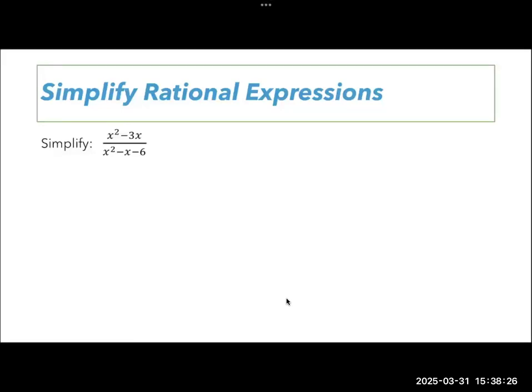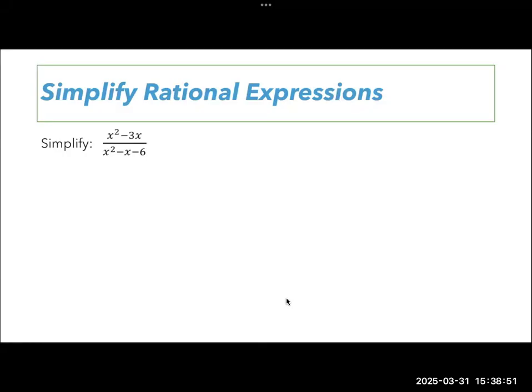So let's start by talking about how to simplify rational expressions. If we have an expression such as x squared minus 3x over x squared minus x minus 6, one thing to realize is that rational expressions are simply a polynomial in a numerator over a polynomial in a denominator.